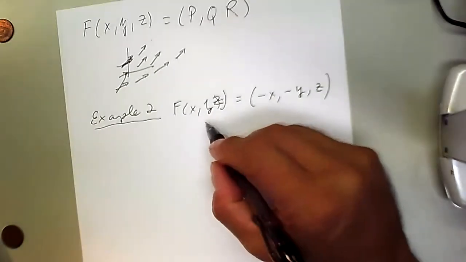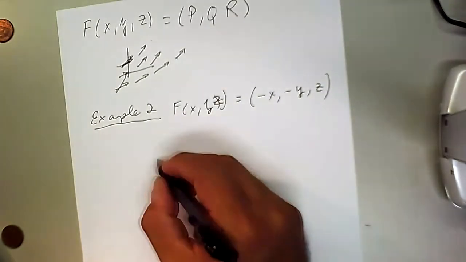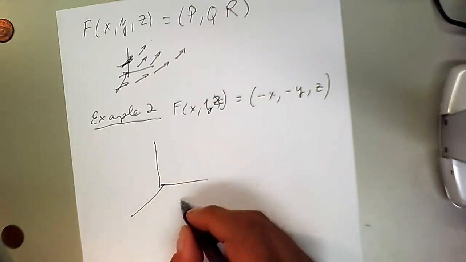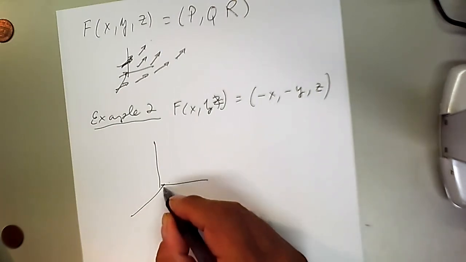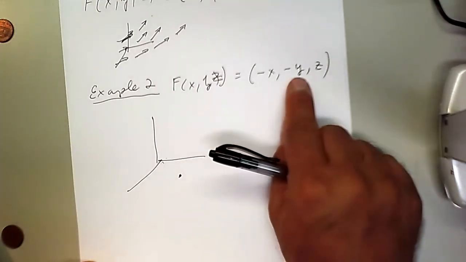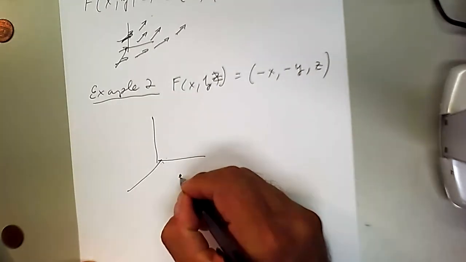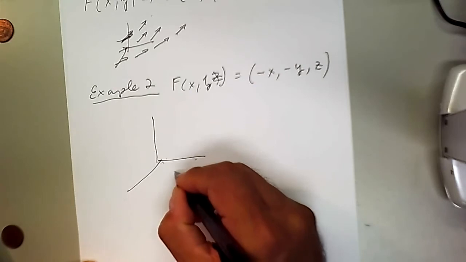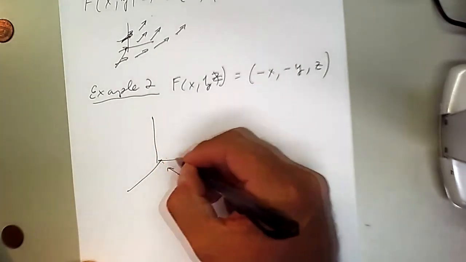So what does that do? So a point here, negative x, negative y goes in the opposite direction. So if this is x and y, we got this vector to the input. But then you got to have the reverse. So if the point is on the floor, it's going to come back to the z-axis.